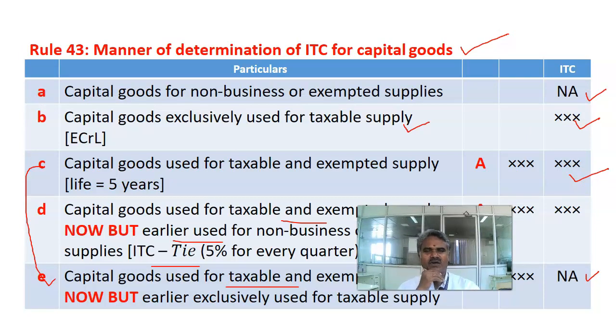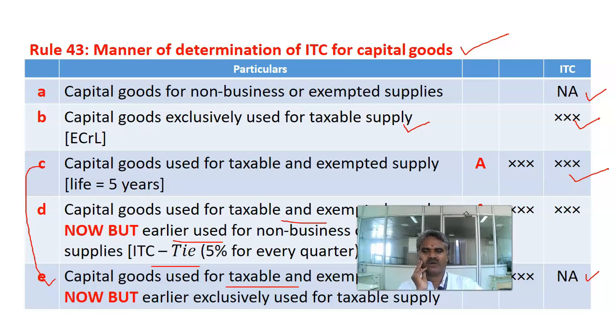Then ITC for capital goods. It is a little bit different from the non-capital goods, I mean operating items. So A, B, C, D, E here.